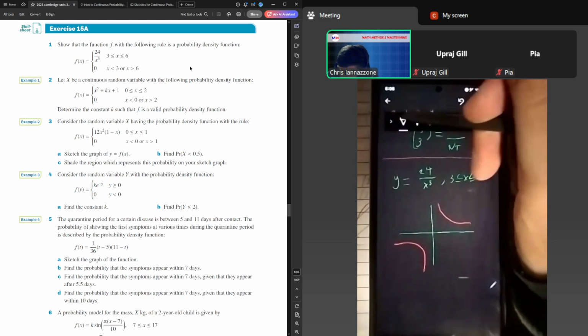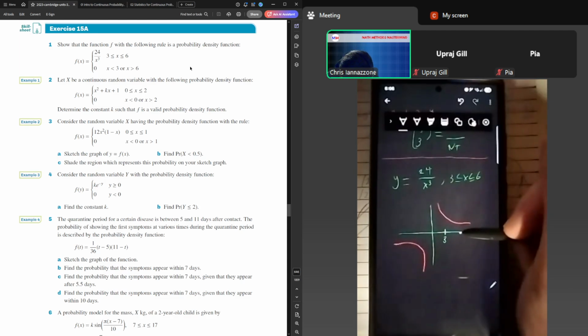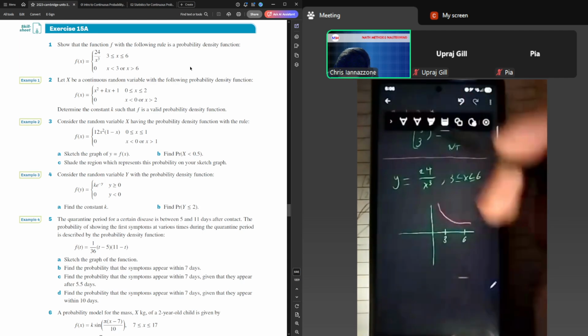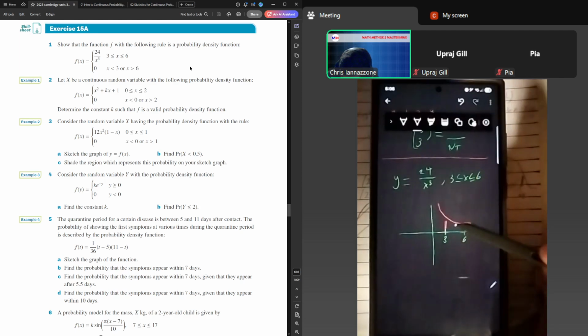Now, this might look like it's pretty bad for a probability density function until you realize that the domain is actually from 3 to 6. So we don't actually care about this negative portion here. We just want to make sure that this area is equal to 1.